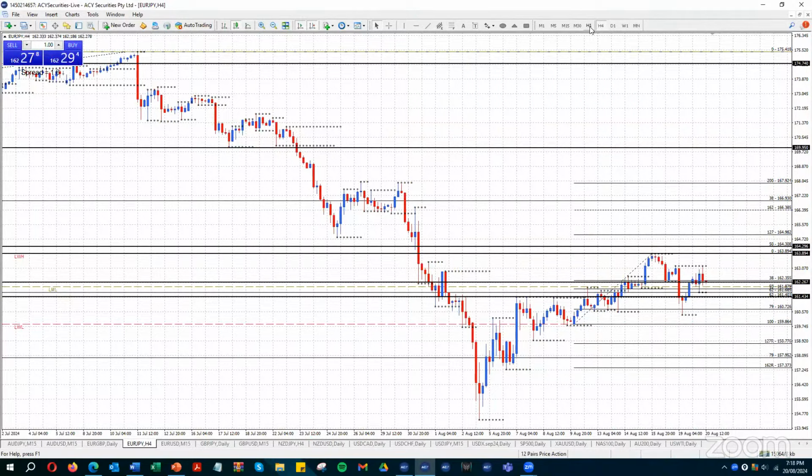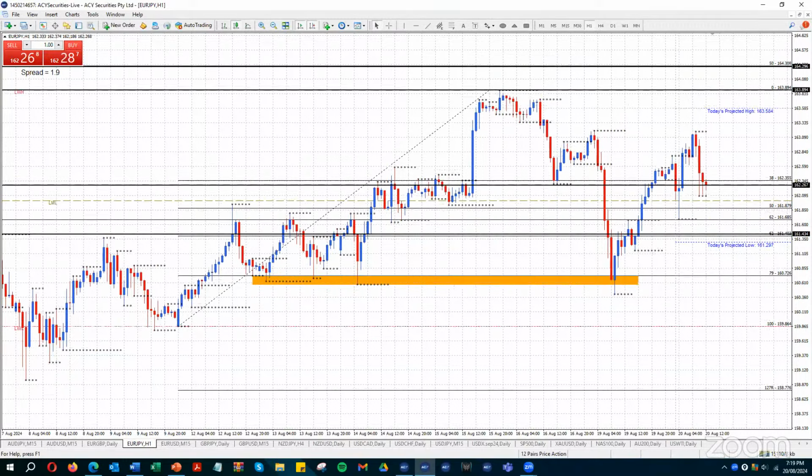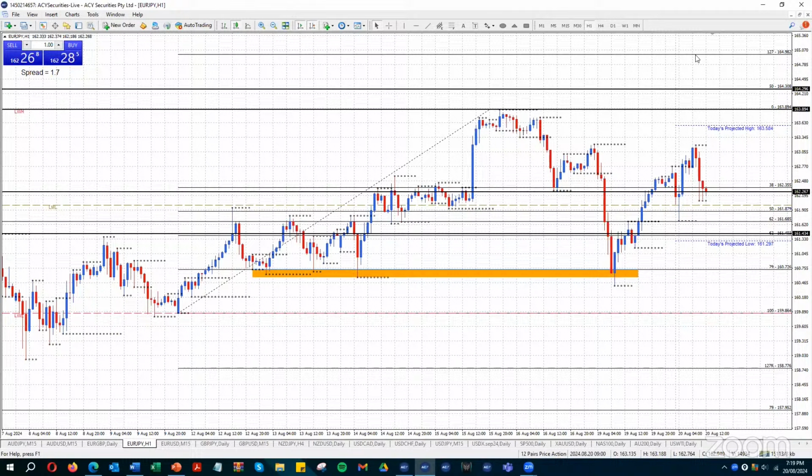And then I'm just going to move to the 1 hour chart. We had a big sell-off yesterday down to the 79% level. There was all this support over here from last week, all lined up. To me, this looks very much like potentially the weekly low to now move up to challenge the high, heading towards the 127 extension of the range at 164.98.